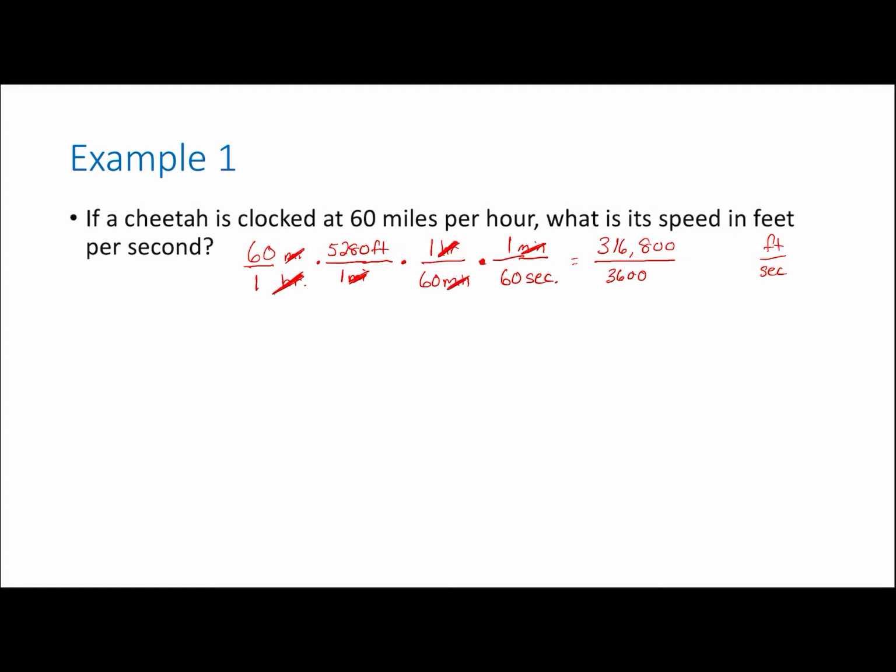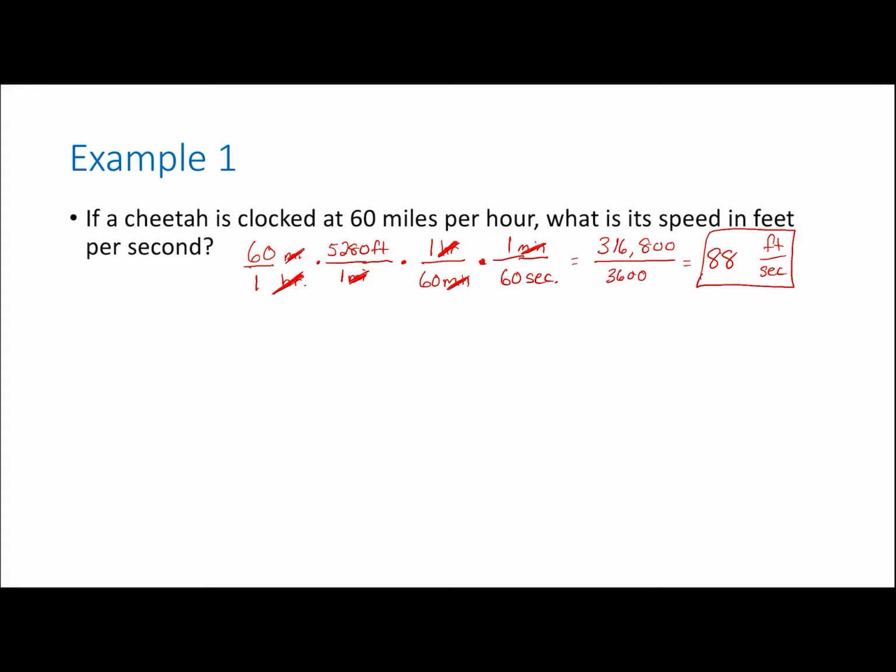And this is how many feet per second. Now we can simplify that, because 316,800 divided by 3,600 simplifies down to 88 feet per second. And so there is our final answer.